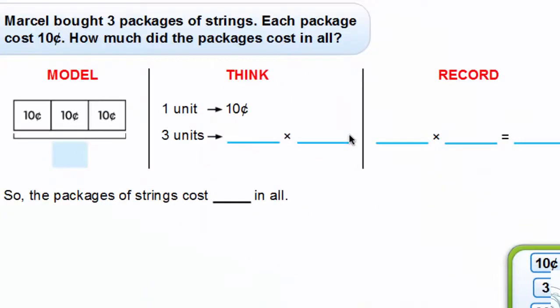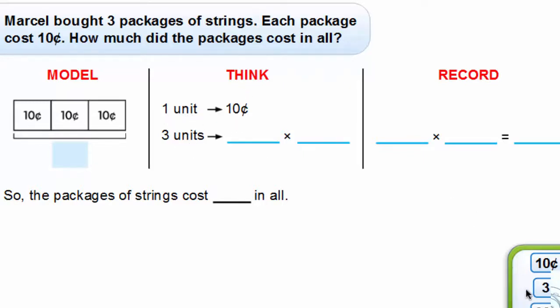Marcel bought 3 packages of strings. Each package cost 10 cents. How much did the packages cost in all? Here is our bar model. We have 10 cents, 10 cents, 10 cents. Remember that you can add those together, but you can also multiply because you have equal groups. You may think that 1 unit equals 10 cents.